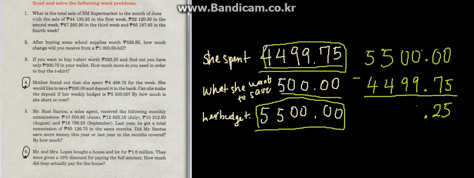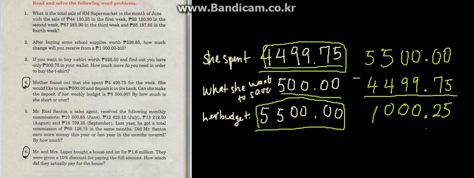And then again 9 minus 9, 0. Then 4 minus 4, 0. 5 minus 4, 1. So if you subtract the money she spent from her budget, you get 1,025 hundredths. That's what she has right now.